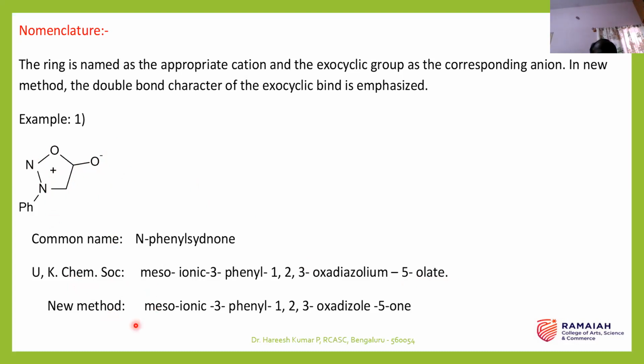As per the new method, it's also called meso-ionic, which is retained. 3-phenyl is retained, and the 1, 2, 3 positions of oxygen and nitrogens are also retained. Oxa stands for oxygen, diaza means two nitrogens, and OLE is for IUPAC nomenclature, indicating a 5-membered ring.